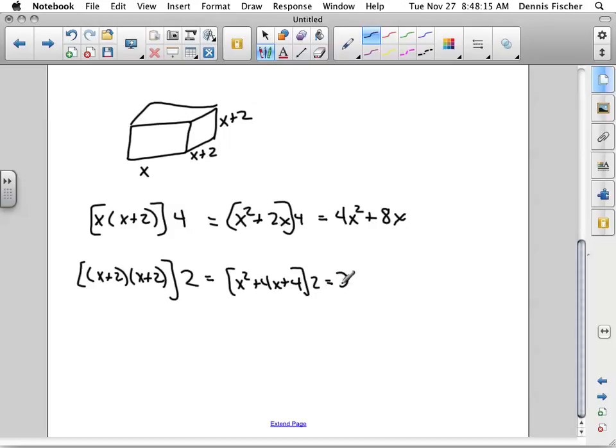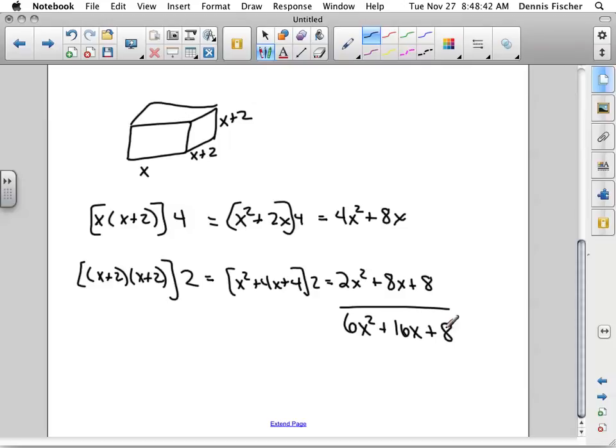And bring that through, I'm going to get 2x squared plus 8x plus 8. Bring the 2 through. That makes sense? Hopefully. Now if I add those two together, it looks like I get 6x squared plus 16x plus 8. That's the surface area of that figure, right?